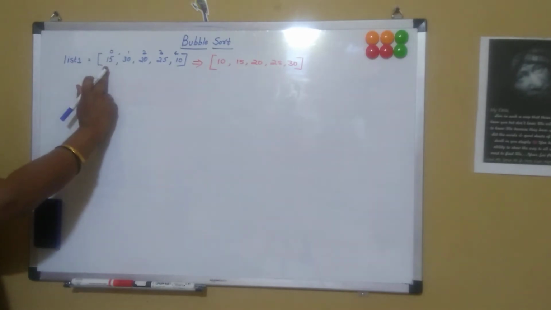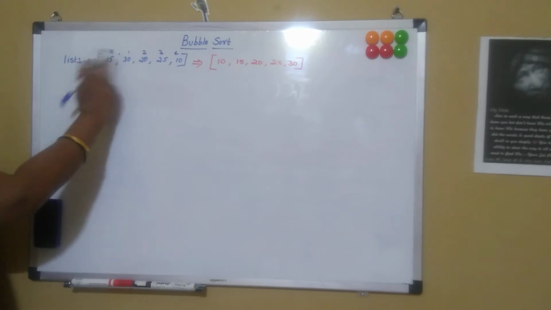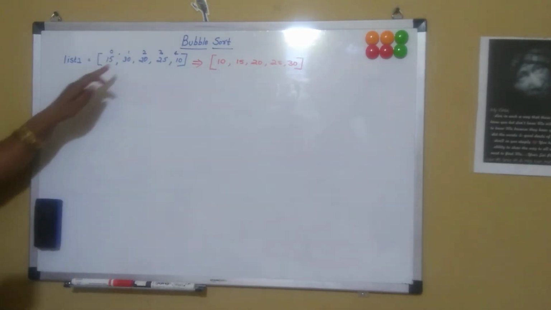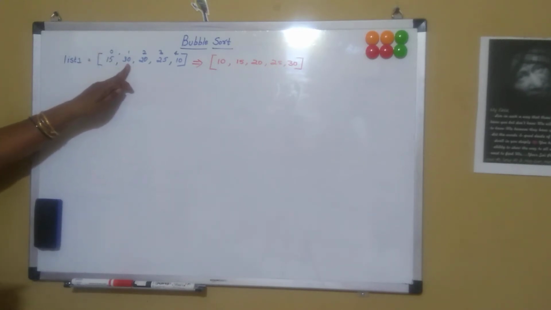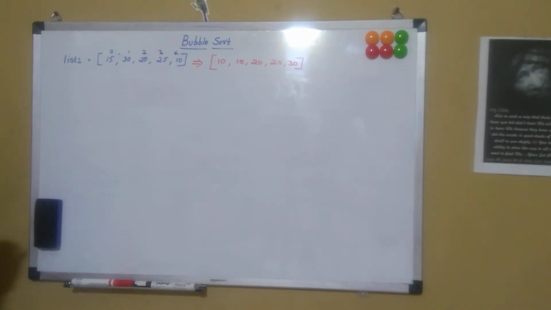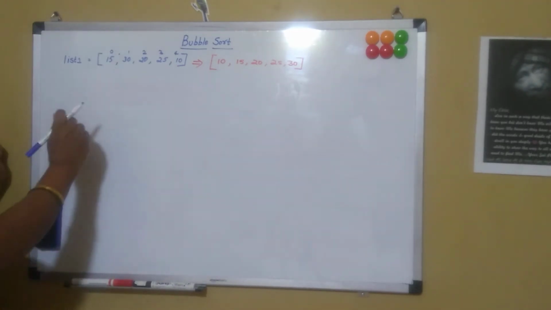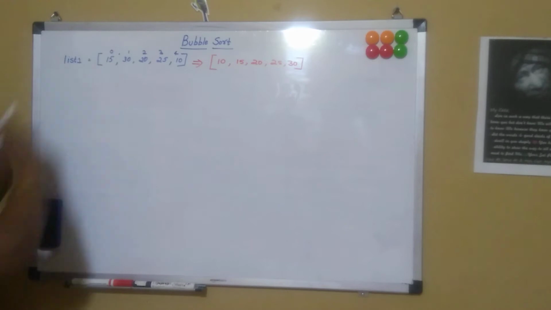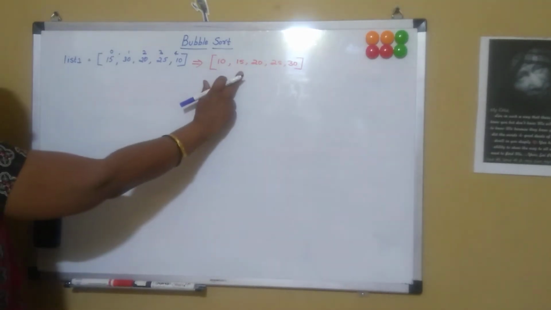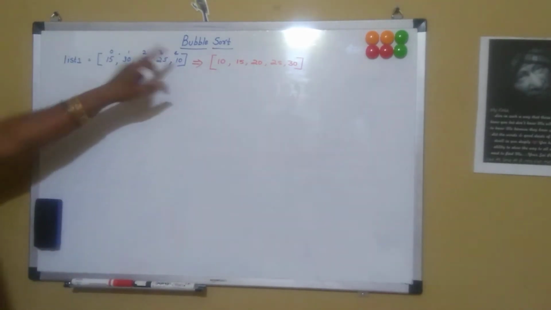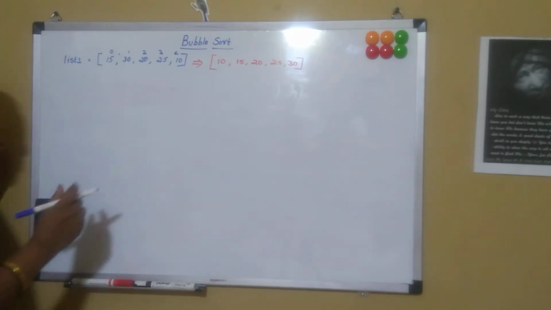If so, it will do the swapping. That is, the least element will come here and the bigger element will go over here. So it does the swapping and we do the checking. To get this particular output, we have to write the bubble sort code.